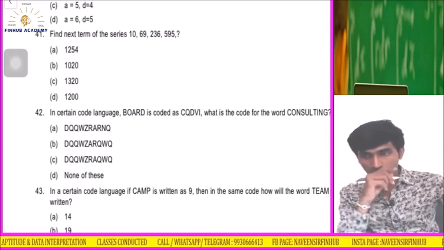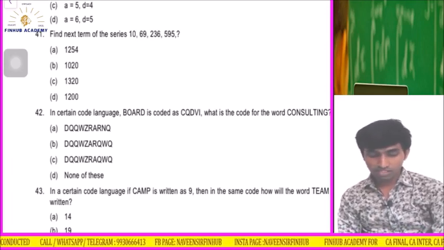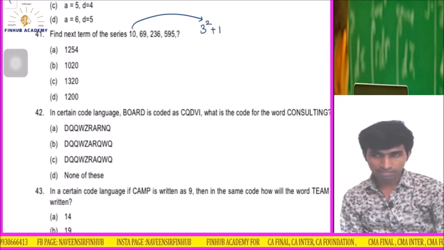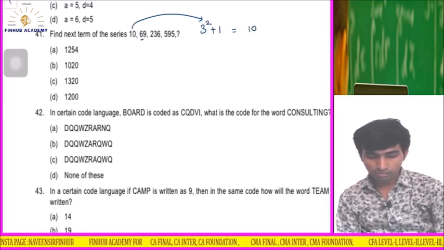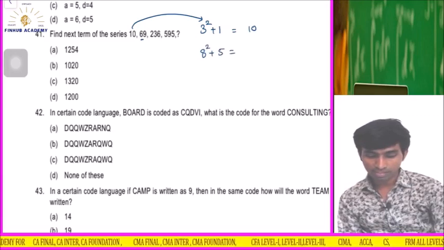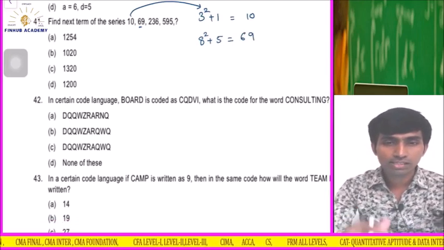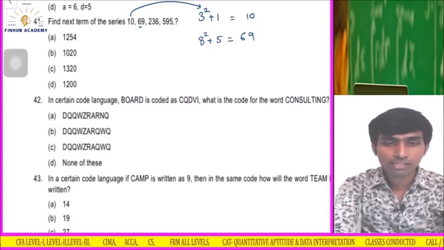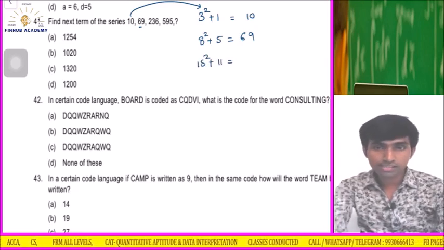So I will obviously check for multiplication, but the first one is 10, so check for squaring. 10 can be written as 3 square plus 1. 68 is 8 square plus 4, since 8 8s are 64. 236: 16 into 16 is 256, no, 15 into 15 is 225, so 236 is 15 square plus 11.